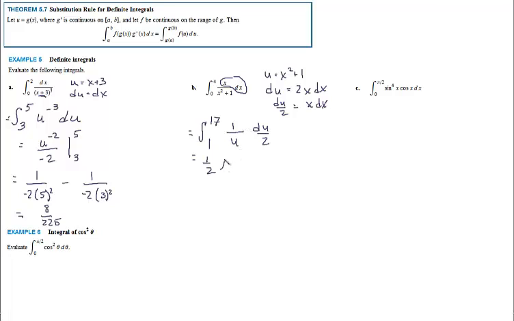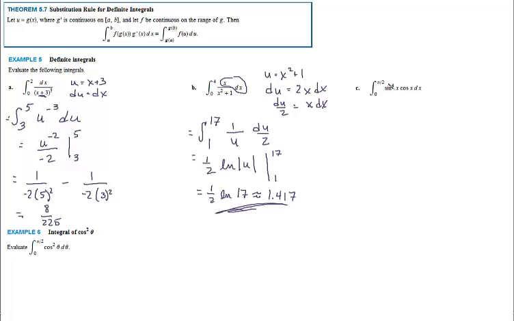Well, that would be the natural log of u, evaluated from 17 to 1. Chunking those numbers in my calculator, we end up with 1/2 natural log 17, which is going to give me about 1.417. Okay, that's the answer to that one.